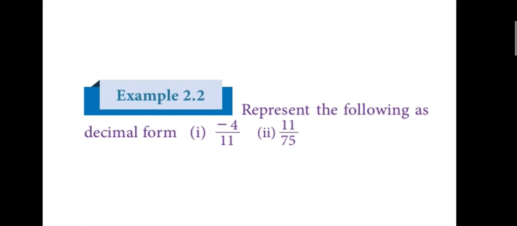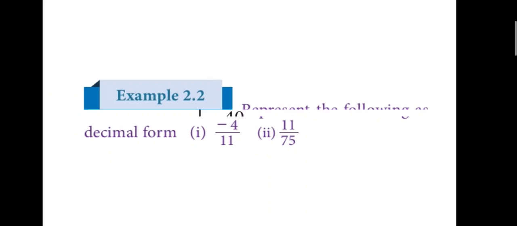Consider the example 2.2 from our book. See the first subdivision. We have 4 by 11, minus 4 by 11. So when we do the division here, what is our answer? 0.3636.